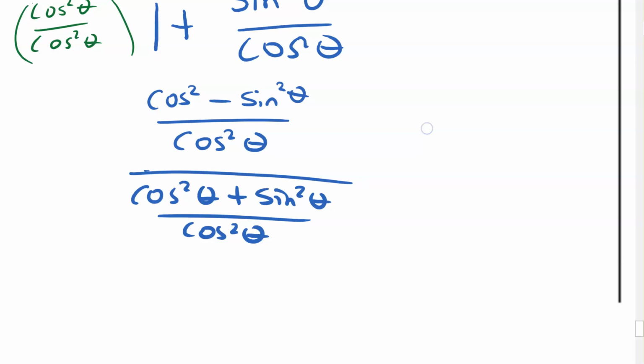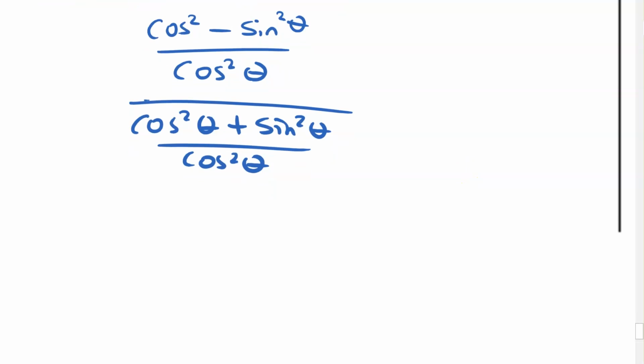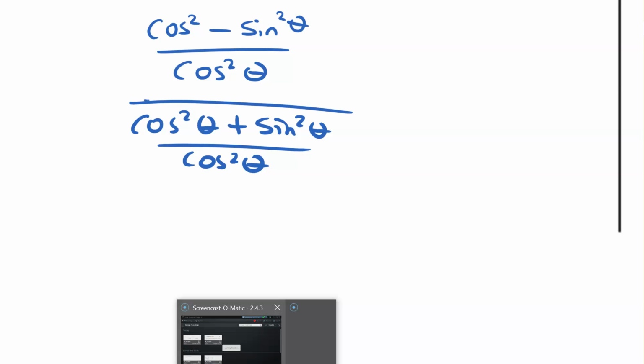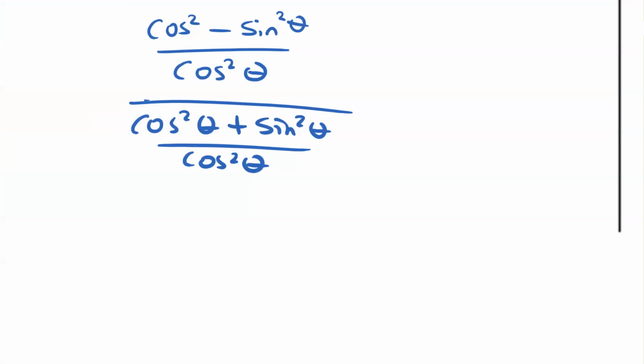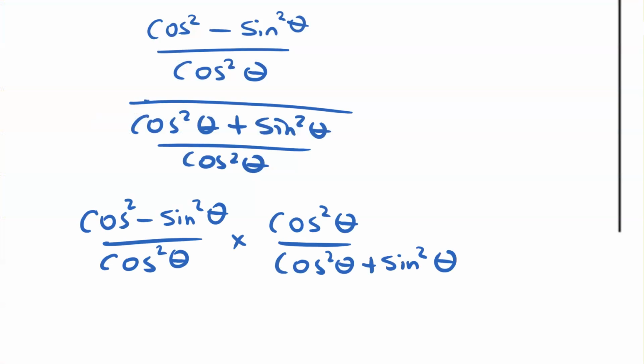Okay, so now when I've got this complex fraction, when I multiply by the reciprocal, I'm going to see those cos squared thetas cancel each other out. I'm going to rewrite it all out, so I'll just do this quickly. Now that second fraction, I'm multiplying by the reciprocal, and you can see that this cos squared theta and that cos squared theta are going to cancel each other out.